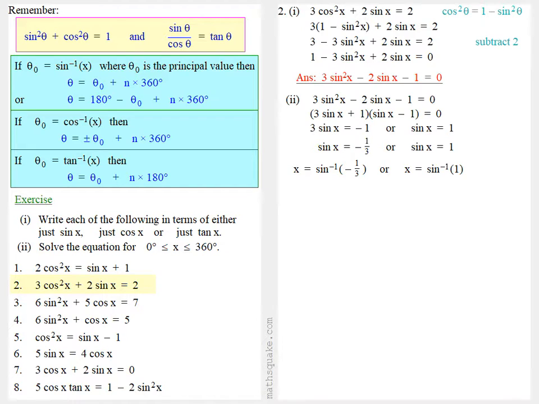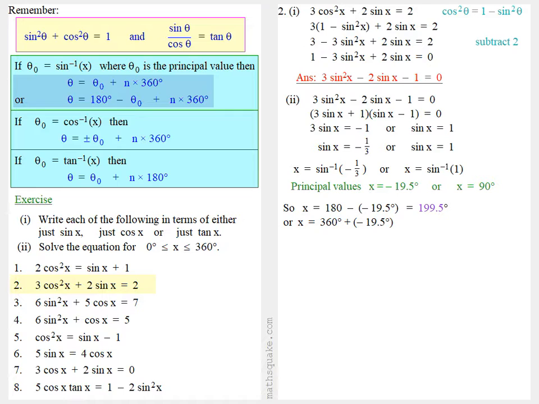If we take the inverse sine of each, we find that the principal values are minus 19.5 degrees and 90 degrees. Now we can't have a negative angle, and so we need to look at the other cases. x could equal 180 take away minus 19.5 degrees, which would be 199.5 degrees.